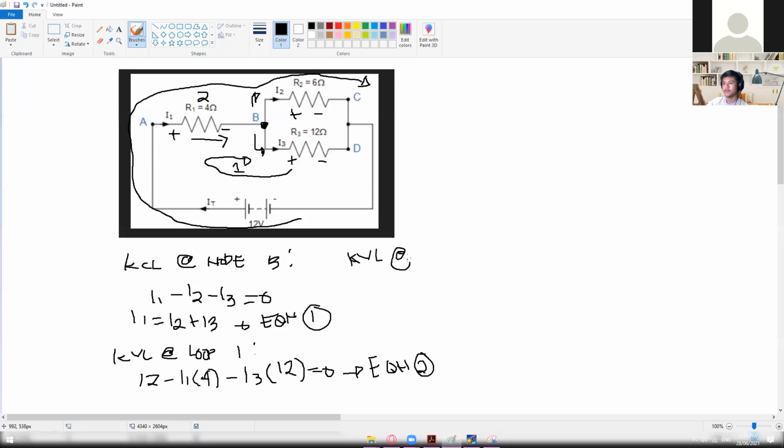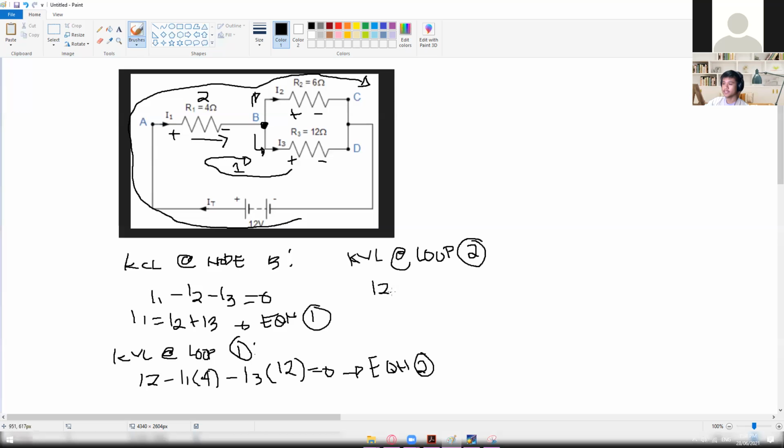KVL at loop number 2. Okay, let me just encircle this one for consistency. In here, we're still going to use this voltage source, and we're still going to pass through R1, but we are now going to pass through R2 and then going back right here. That's what will happen for loop number 2.